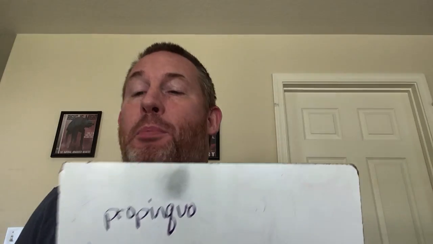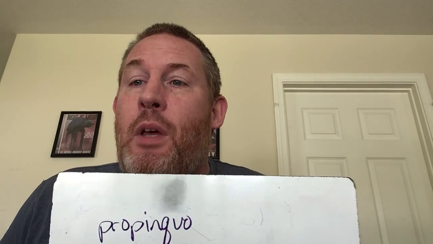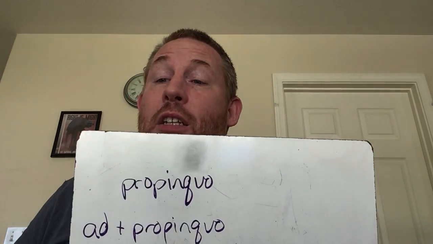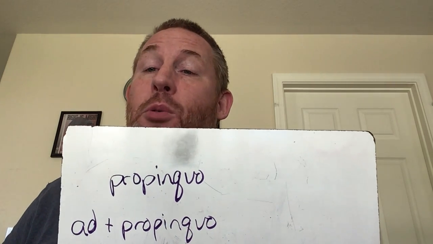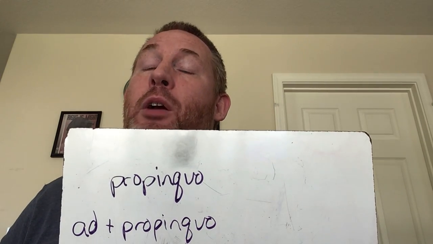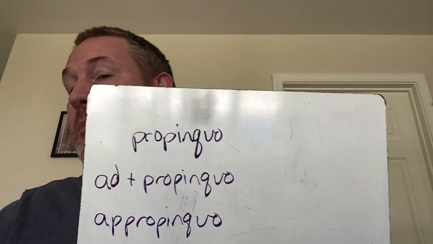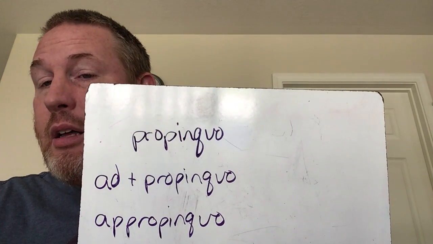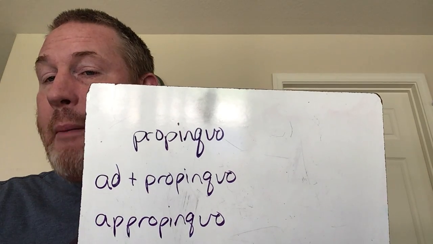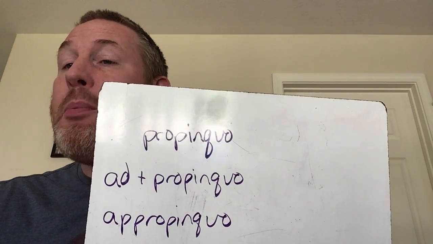So there's the verb propinquo, which means to be near. We haven't seen that one. We've seen its cousin, ad plus propinquo. And if you say ad propinquo, it turns into apropinquo. And apropinquo turns to apropinquare, right? And I forgot to write that part down.